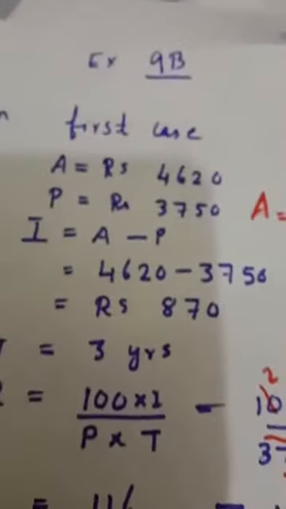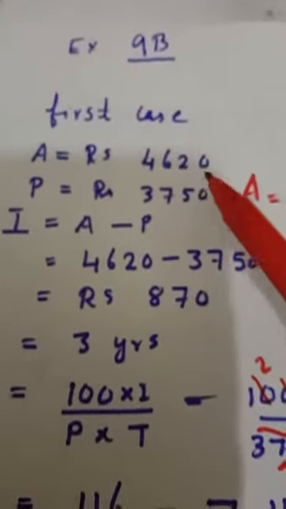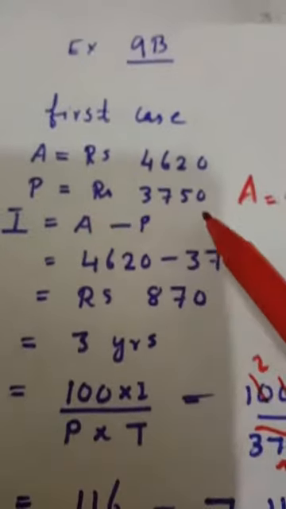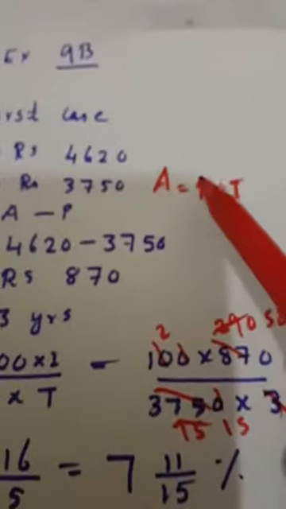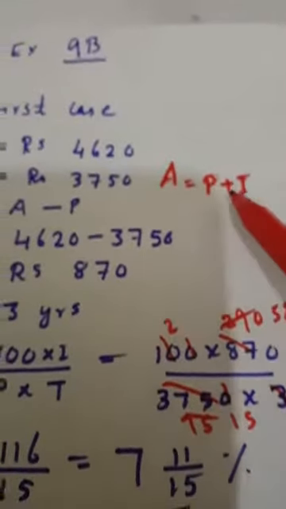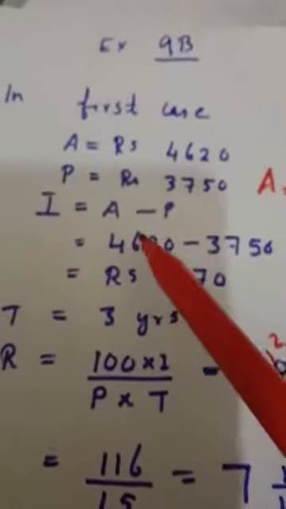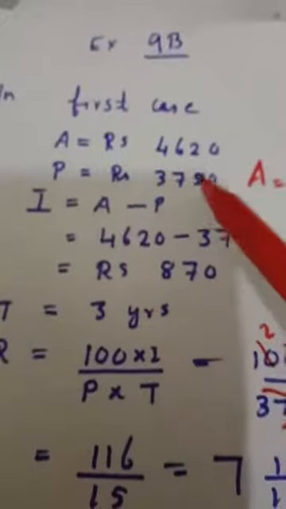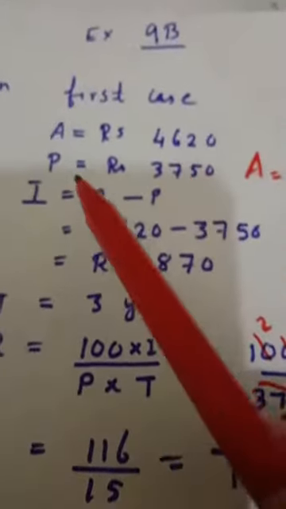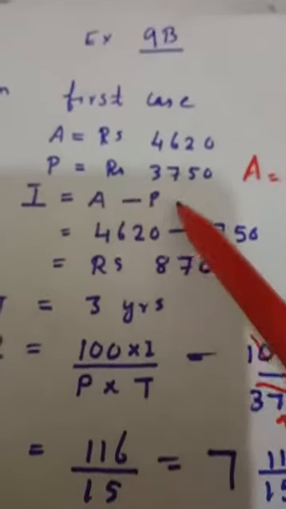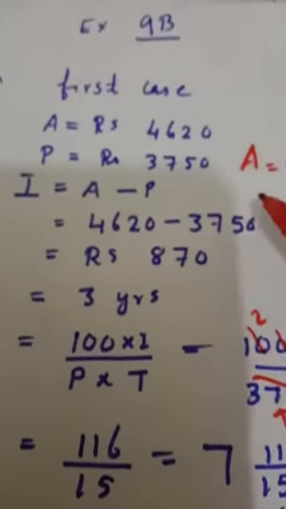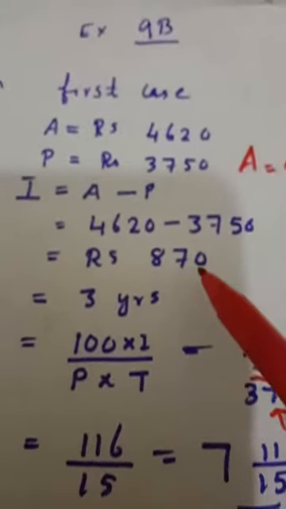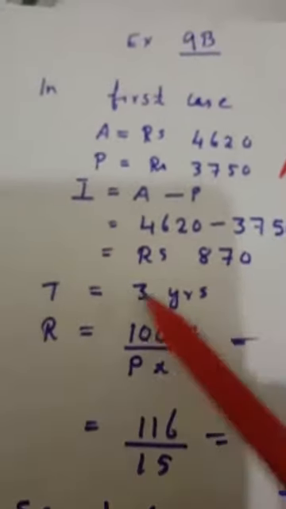First, A is given, 4620. P is equal to 3750. So we know that amount is principal plus interest, that is, interest is A minus P. Subtract principal from amount, that is 4620 minus 3750, equal to 870. Now T is given, 3 years.